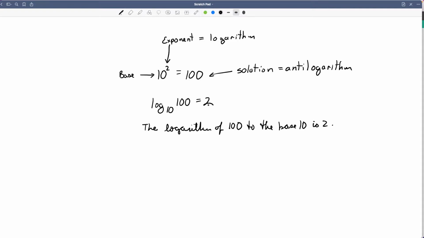It's kind of a zigzag if you think about it. So you read the ones on the same level first, and then you remind us what the base is, and then you give us the result. But that's how you write it, and that's how you say it.